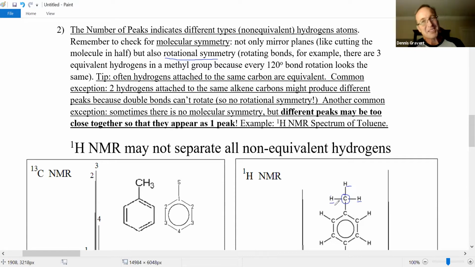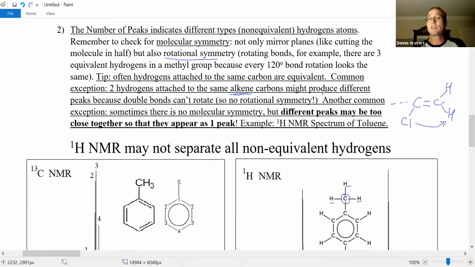But for every rule in chemistry, right, there's always an exception. The big exception are alkene hydrogens. So if you have a carbon-carbon double bond, you have a couple of hydrogens here, you'd say, hey, looks like there's a plane of symmetry here, and these hydrogens are attached to the same carbon. And I would agree. I would expect those hydrogens to give the same peak, overlapping peaks, because they're equivalent. But what if we put an electronegative atom here?